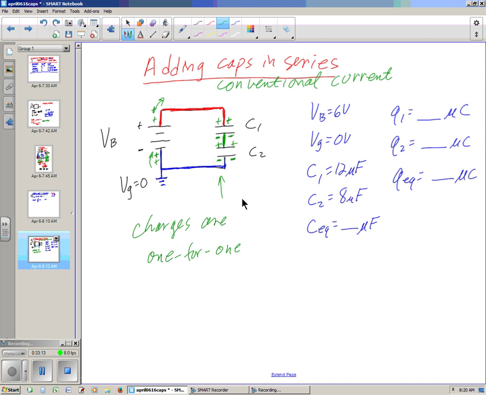Okay, so this is going to make things a little simpler in some ways and a little more complicated in other ways. What we can say from this is, if we replaced those 2 capacitors with 1, and we called that C equivalent, how many charges would it have?